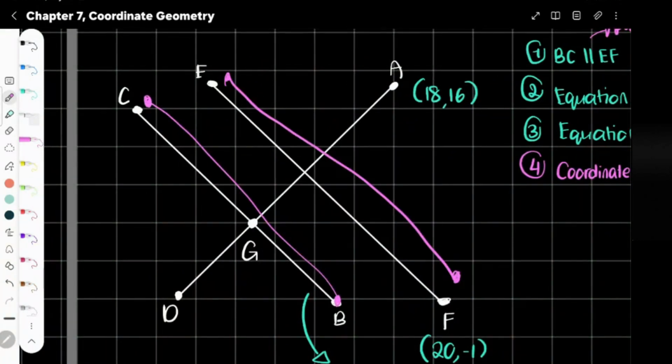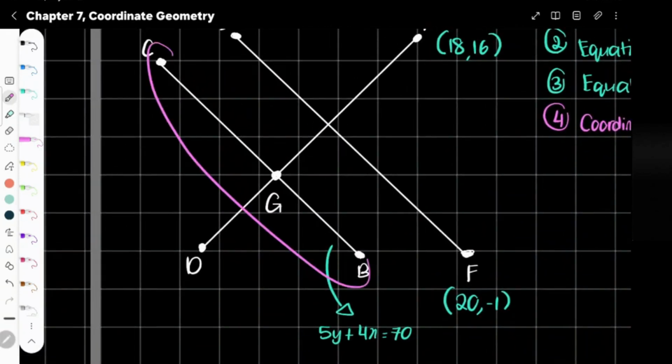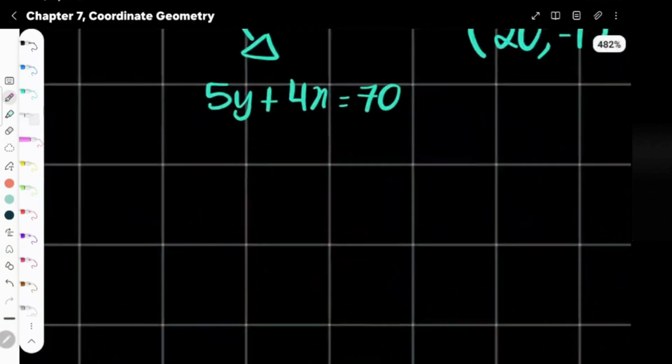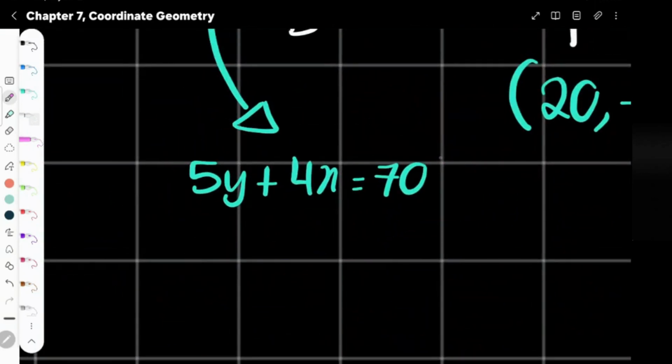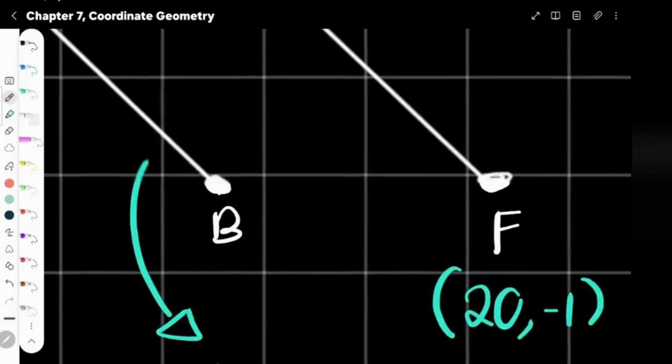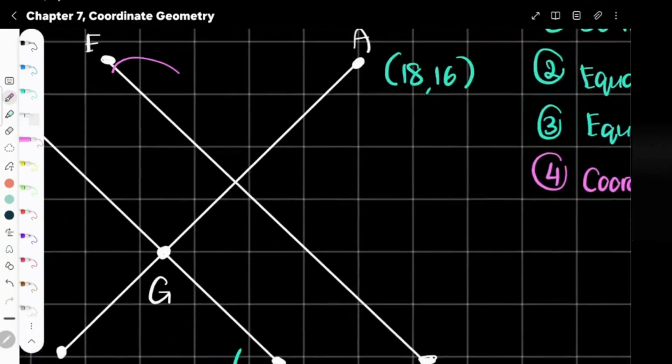What is the meaning of parallel again? The gradient will be the same. Did they give you the equation? Yes, they give you the equation for this straight line. So if you find the gradient of this straight line, you can use the same gradient value for this line here.